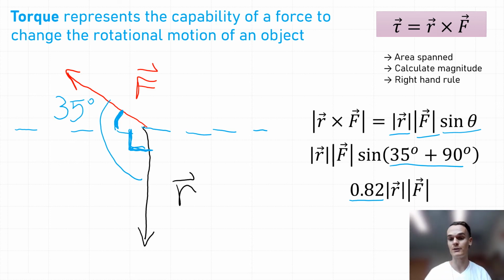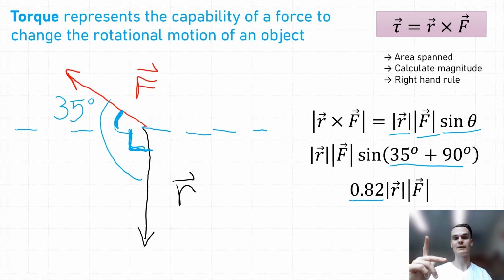Now we know the magnitude of the cross product. The next thing that we need to do is determine the direction of the cross product. So remember, in the cross product, we put the first constituent on our pointer finger, the second constituent on our middle finger, and the resulting vector, which in this case would be the torque vector, on our thumb.